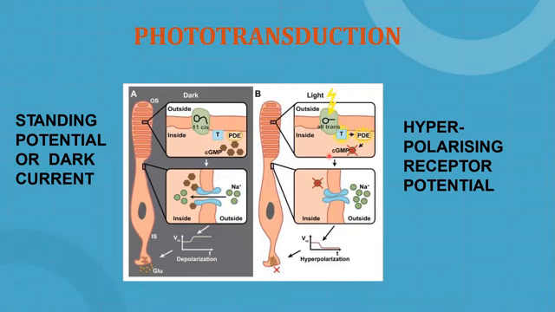And when there is light, a hyperpolarizing receptor potential takes place because of decreased cyclic GMP and closure of sodium gated channels, so the sodium influx does not take place, there is a hyperpolarizing potential, and glutamate will not be released. So this picture, the previous picture, and the flowchart picture before that, all these pictures you should remember, and the sequence of events, what is happening in the darkness and what is happening when there is light.